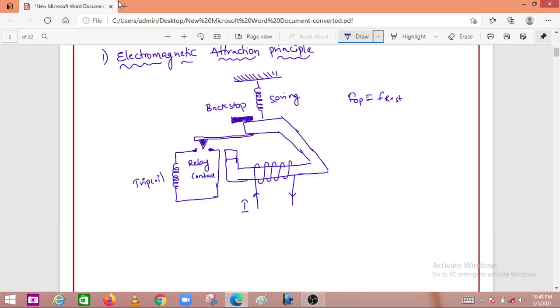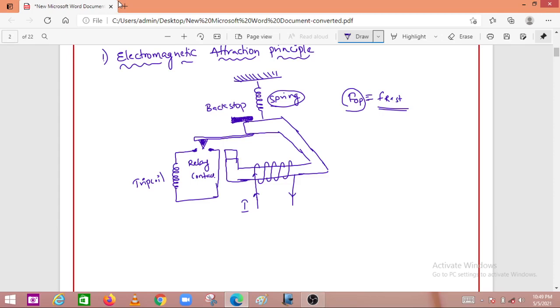So here the operating force is based on the current magnitude flowing through this current coil, but the restraining force is developed by using the spring value. That's why we are placing the spring here.